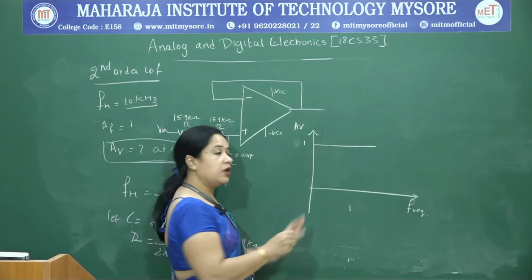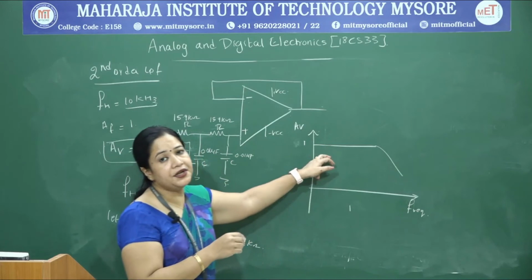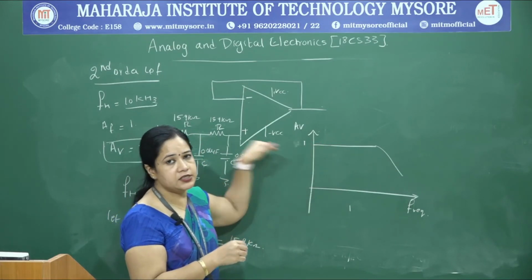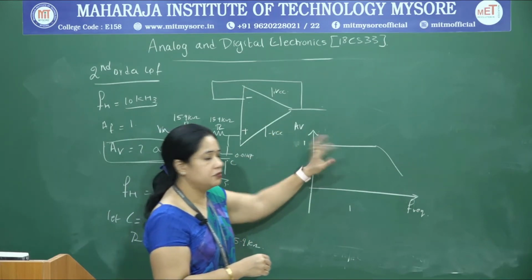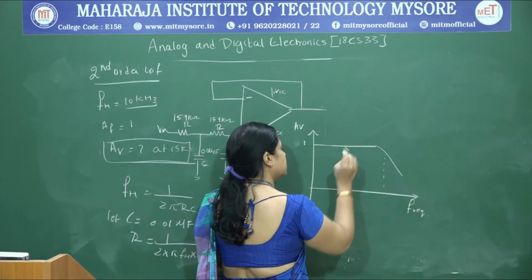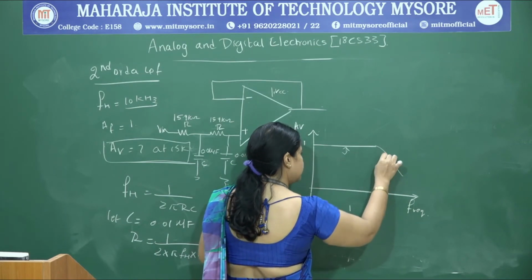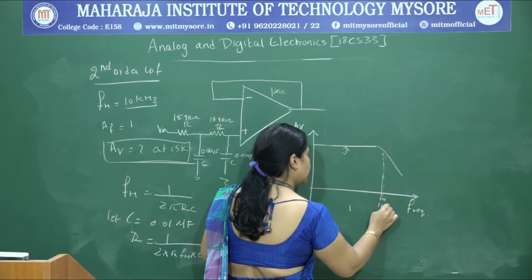For all frequencies below the cutoff frequency, the signal is easily passed, and at the cutoff frequency it falls off at some rate. This we call FH, and FH is 10 kilohertz.